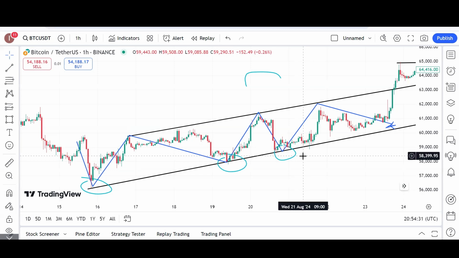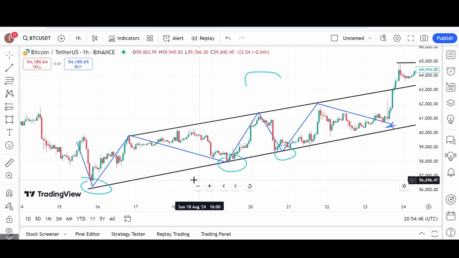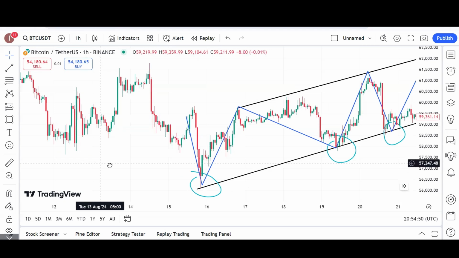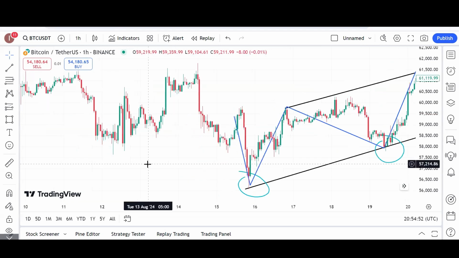And please keep practicing the trend line on tradingview.com on any chart timeframe. Okay, you can try the 4 hour chart and the 1 hour chart. And please practice as much as you can, because practice makes a man perfect.